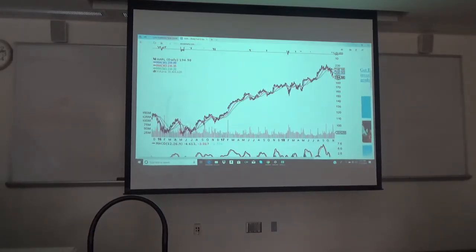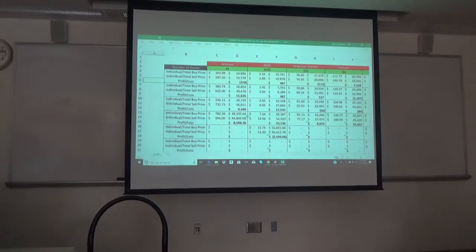And then what you do is you go into the spreadsheet. Now that you've logged on that graph your sells and your buys and the prices at which you bought and sold, you basically log the trades over time.